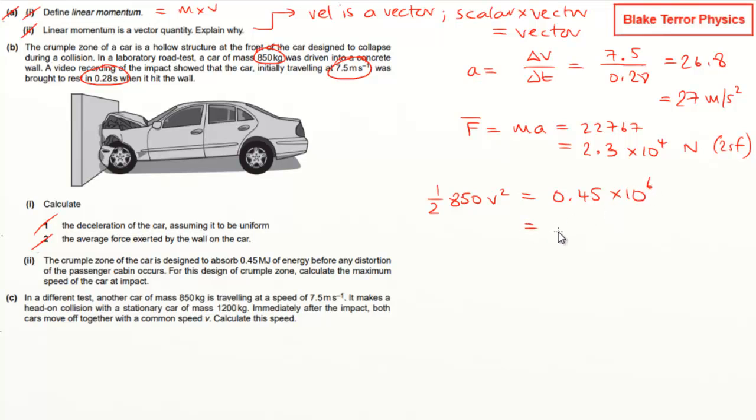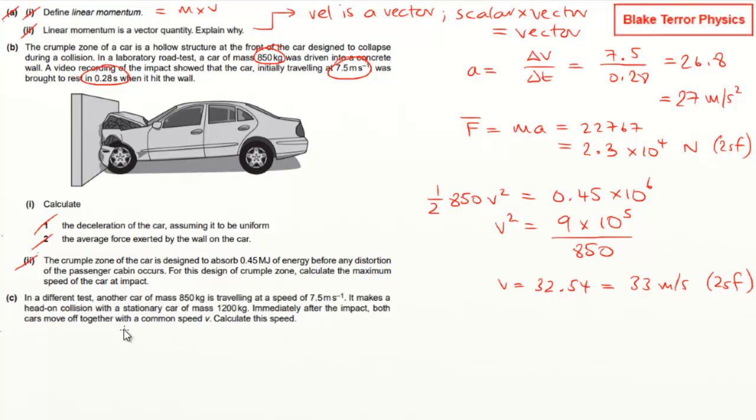So 9 times 10 to the 5 divided by 850 is equal to v squared. Putting that in, 9 with 5 zeros divided by 850 and then square root gives us 32.54. So v equals 32.54, which is 33 meters per second, again to two significant figures.